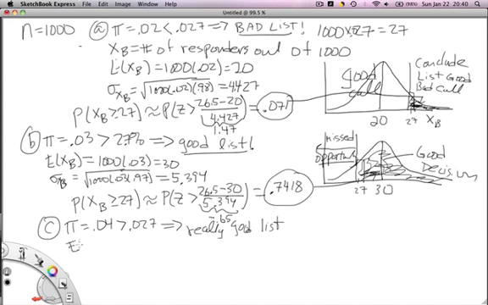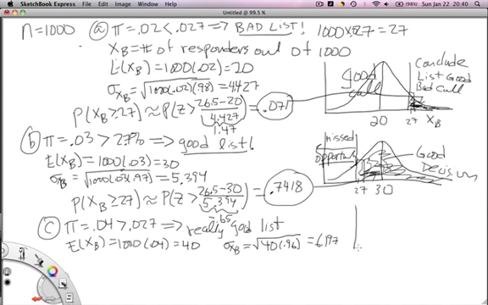The expected value of xb, in this case, will be 1,000 times 0.04, which is 40. So we expect 40 yeses. I'll do the standard deviation right here. Sigma xb will be the square root of n times pi, which is 40, times 1 minus pi, which is 0.96, and this works out to be 6.197.